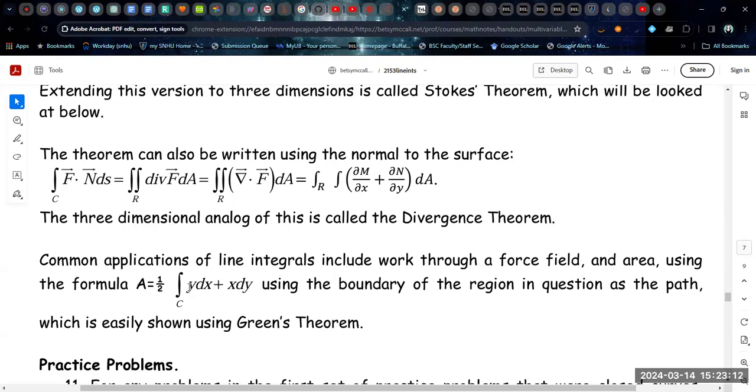So you will sometimes see those kinds of calculations, area as a line integral, and these are typically readily evaluated using Green's theorem, or the functions are simple enough that you may be able to do it just using the definition. All right, so we're going to stop here, and then we'll continue on in the next video with Stokes' theorem.